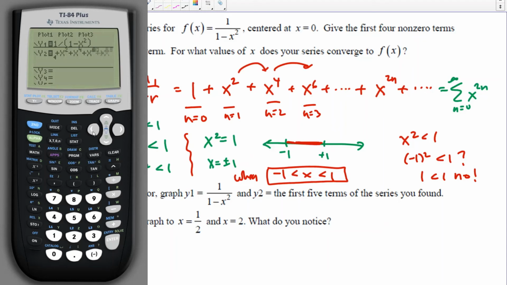And let me put this in boldface. So I'm going to toggle this into boldface, and the boldface graph will be my estimate. If I graph this, do you see, there's my boldface.